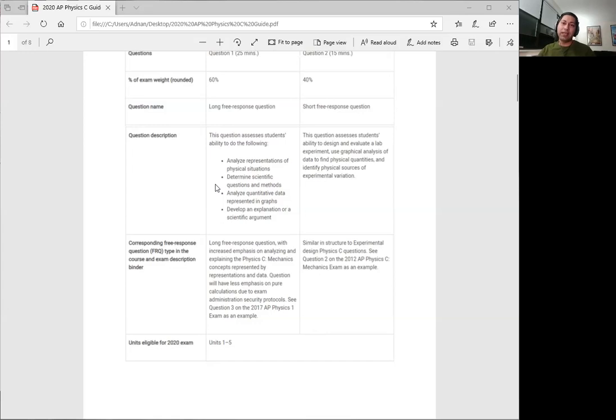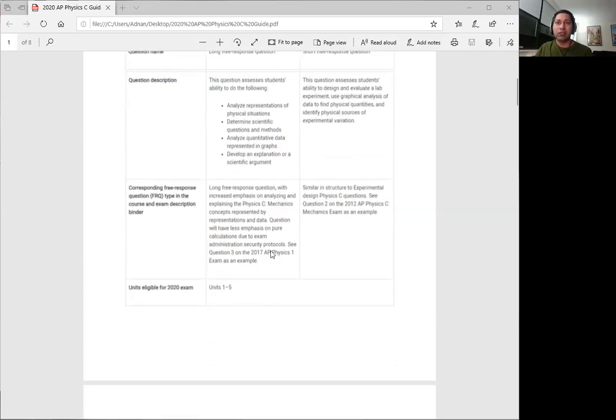And the reason for that is because they don't want you to copy somebody else's answer. If I just ask you to derive something, you could just call somebody and be like, hey, how do you do this derivation? Just copy it. Whereas if you have to explain stuff, it's a little bit more subjective and everybody's answer is going to be different than everybody else's. So just keep that in mind.